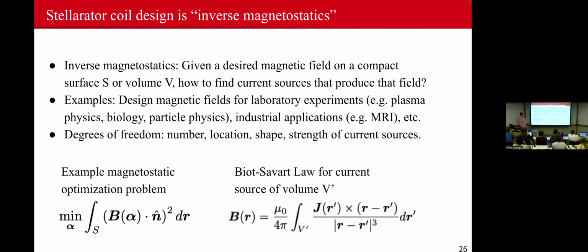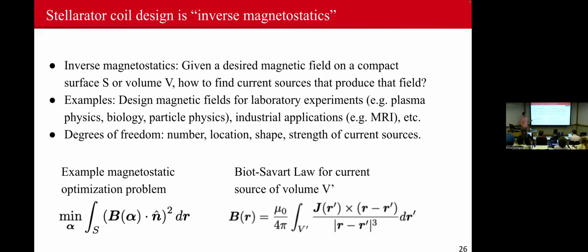Okay, I also want to put this in context. I told you before the goal of coil design is basically to match B·n on the plasma surface that you designed in stage one.